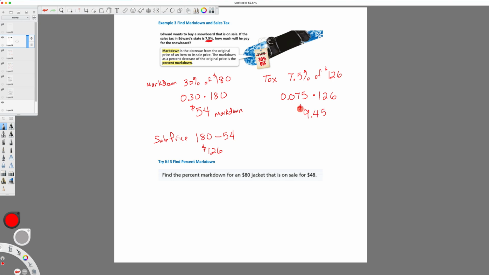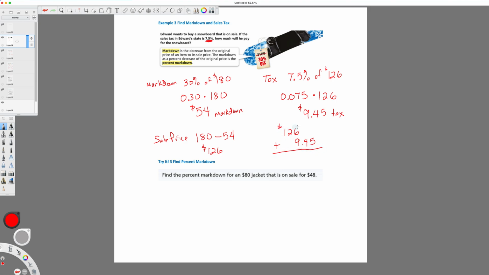And labeling again is important. This is not what they're going to sell it for. This is not what he pays. This is just the tax part of it. He's got to pay for this snowboard that's on sale for 126 bucks. Plus, he's got to add on $9.45, and that's what goes to the government. So we're going to take $126 plus $9.45.